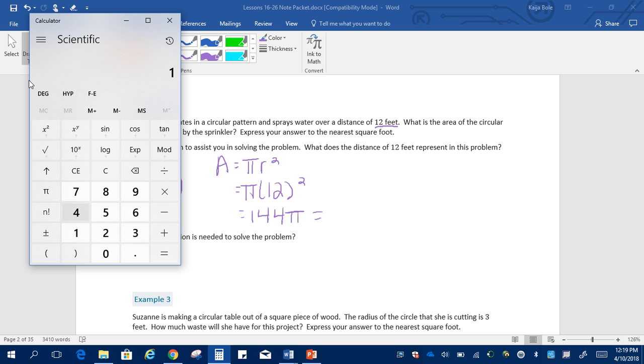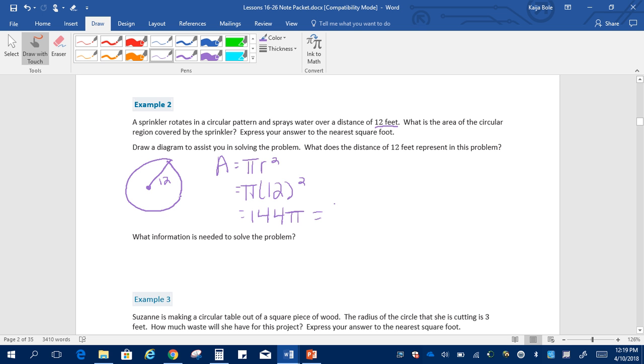Try again. 144 times pi, you get about 452 square feet, because we are back to area. 452 square feet. Okay, we don't need to do the next question because we just solved the problem.